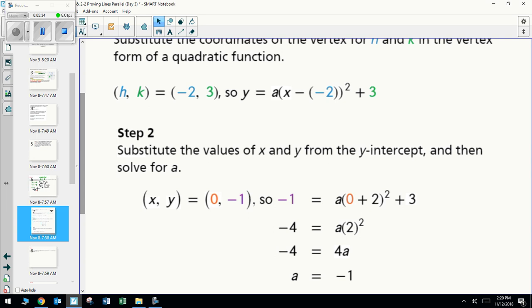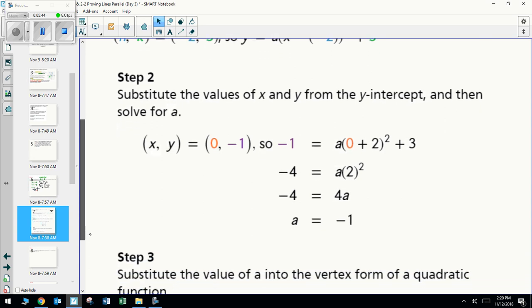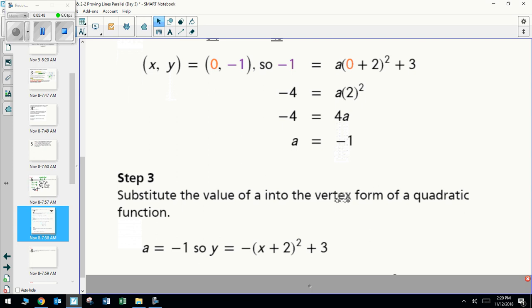So here I have the point 0, -1, and if you plug in that x, that y, and you're given an h and k, you can find a value for a, and to write the equation of the parabola, you're substituting in the values for a, h, and k into the vertex form, and that's how you're getting your final answer.